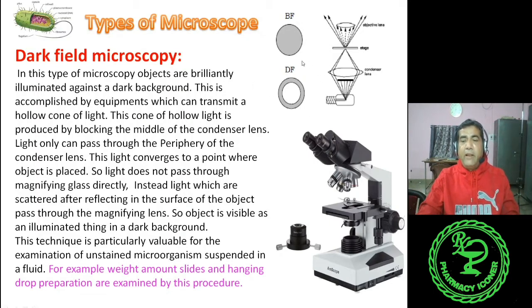In a similar way, if you imagine the bacterium as the moon, and this as the sunlight, and you are viewing it at night time, then the object will appear as an illuminated bright thing. For this, wet mount slides and hanging drop preparations are examined by this procedure.